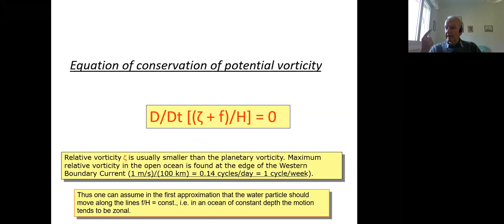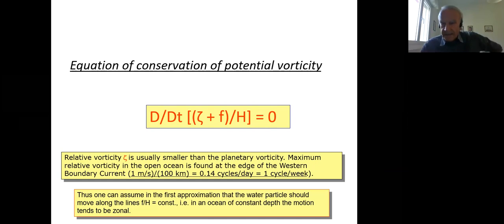If you have the speed on the order of 10 centimeters per second, which is typical speed in the ocean, and you divide this by typical scale in the ocean, which is 100 kilometers, 0.1 divided by 10 to the 5 is 10 to the minus 6. And 10 to the minus 6 is a typical value of the relative vorticity. The absolute vorticity, as we have seen before, is 10 to the minus 4. So the relative vorticity is typically 2 orders of magnitude smaller than the planetary vorticity.